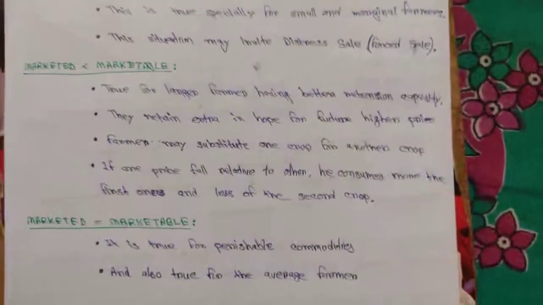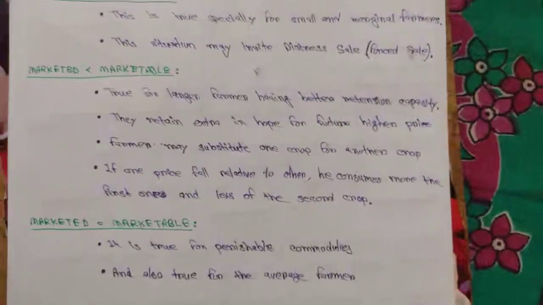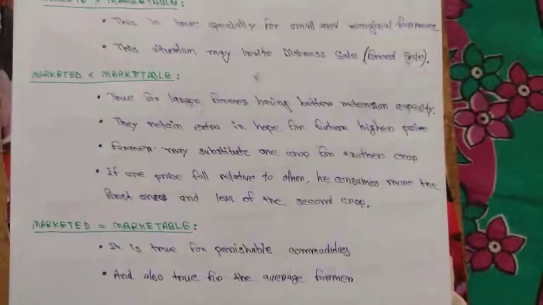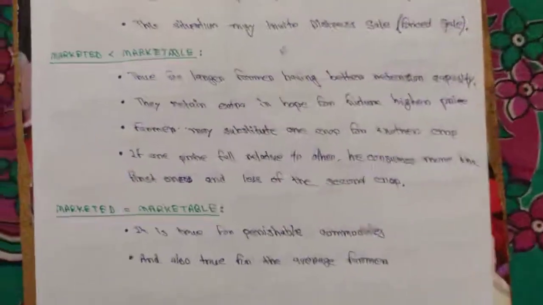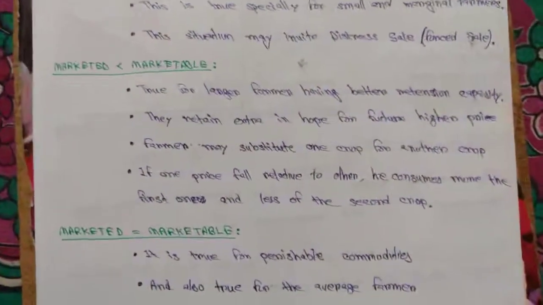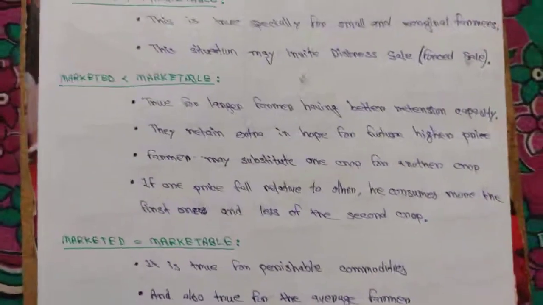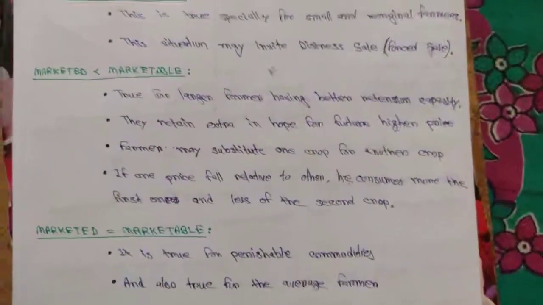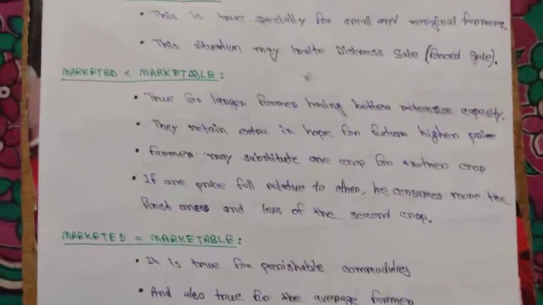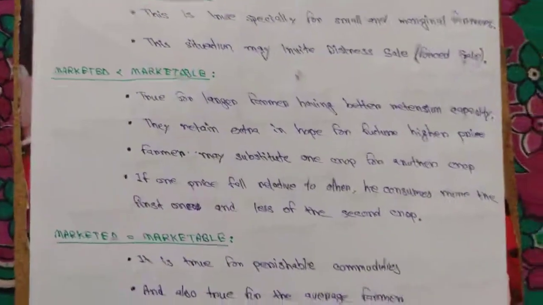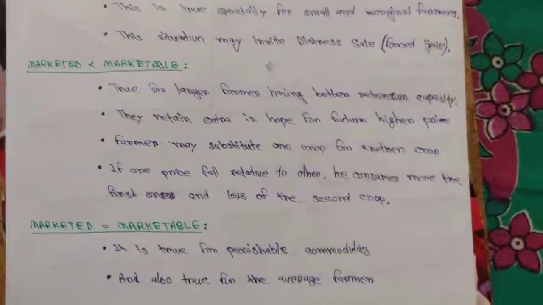And this condition may also happen if a farmer substitutes one crop for another crop. Like, if a farmer produces and consumes one crop, and for a certain reason he wants to substitute it with another crop, then if the first crop's price is less in the market, he will not sell.